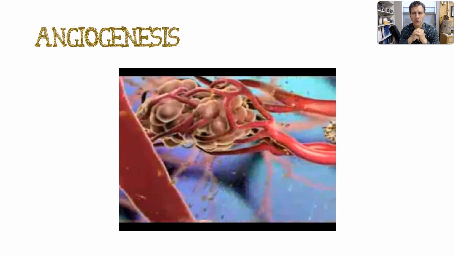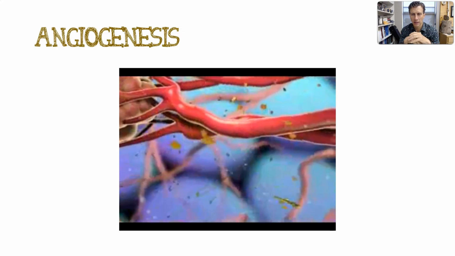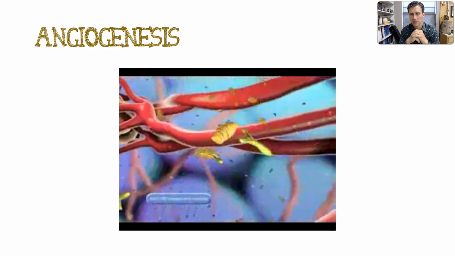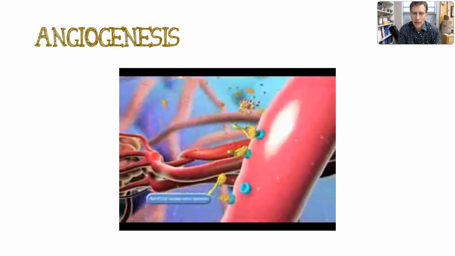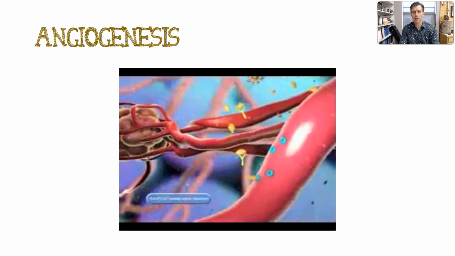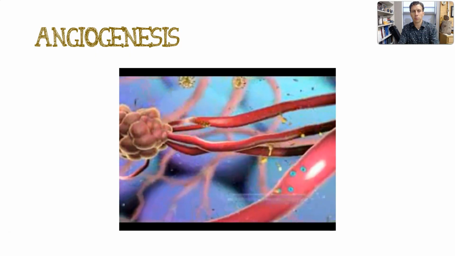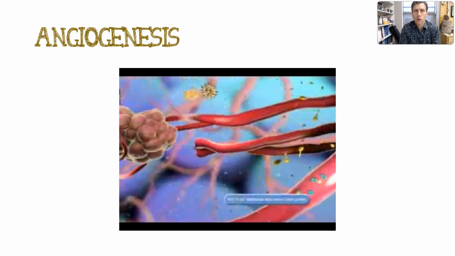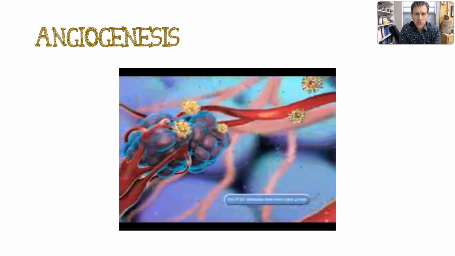So doctors are prescribing certain drugs that you can put into the bloodstream, and they attach to these signal molecules that the cancer cells are sending out, and that blocks them from attaching to nearby blood vessels, blocking that signal so blood vessels will not grow toward the tumor. It blocks angiogenesis.